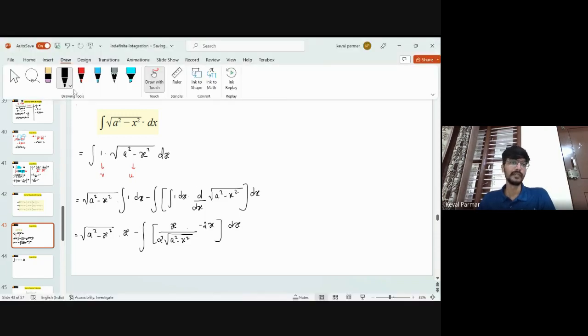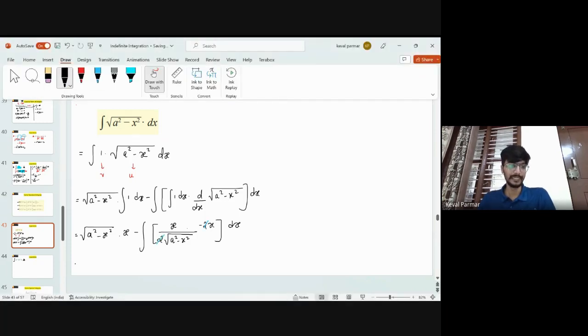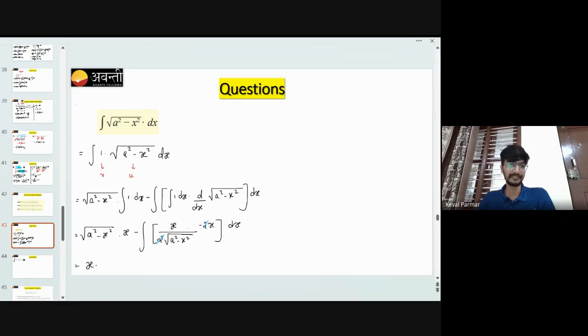So from here, 2 and 2 will get cancelled. And I'll rearrange this: x under root of a square minus x square. Correct? I hope I'm not wrong. This minus and this minus will be plus, and I'll get integration of x into x square upon under root of a square minus x square.